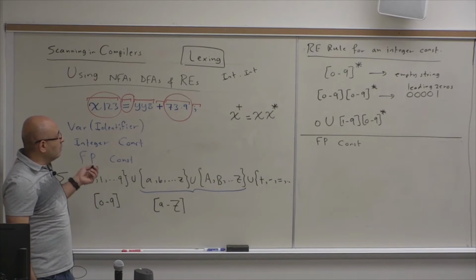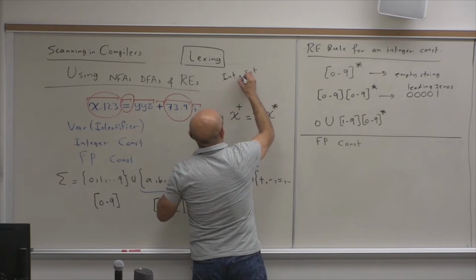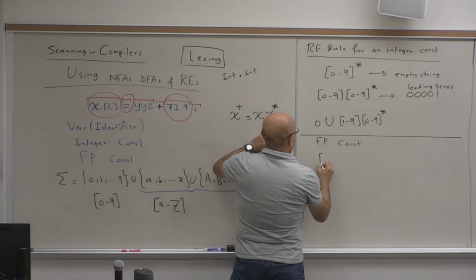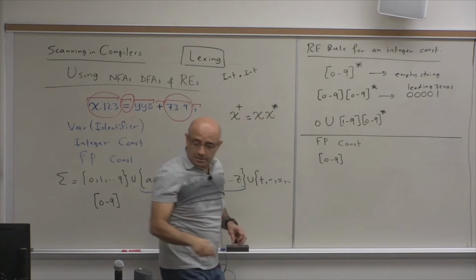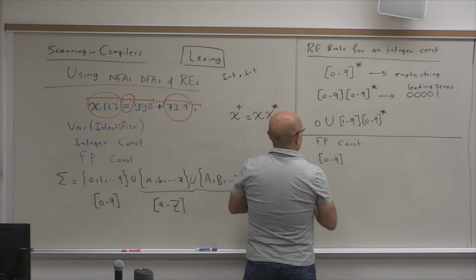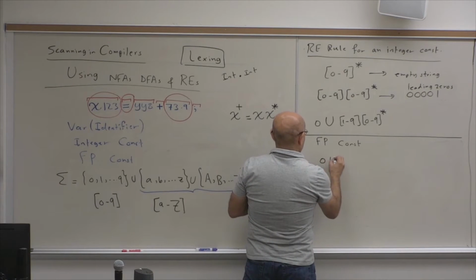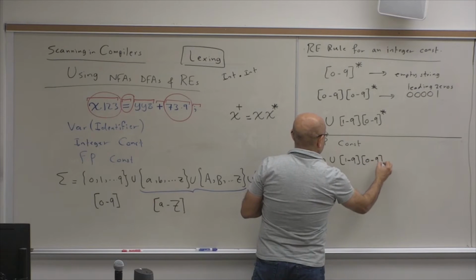So you can use the rule for integers. So you can say, okay, a floating point constant can have 0 union 1 through 9, 0 through 9 star.